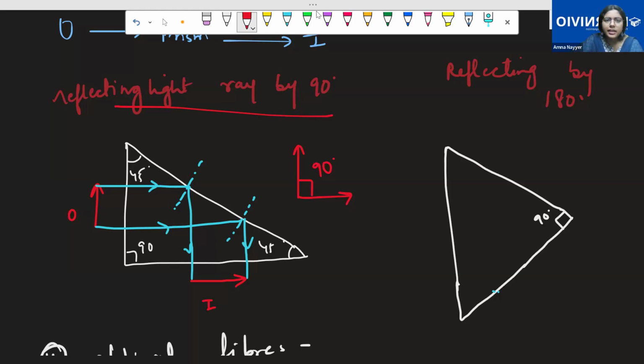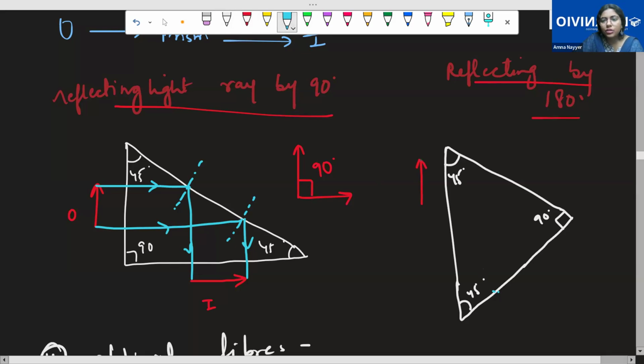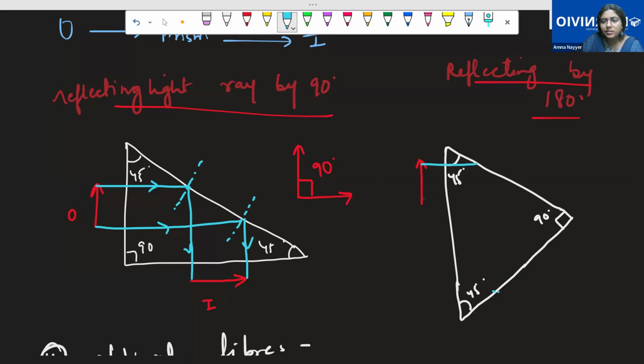Now let's see this. This is 90 degrees, this is 45 degrees, this is 45 degrees. Now let's put the object here. We are reflecting it by 180 degrees. So the first ray of light enters, the second ray of light enters. These are constructed in such a manner that total internal reflection occurs. These are done by the manufacturers themselves.